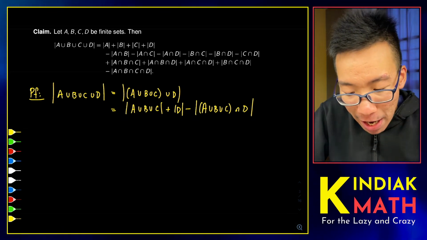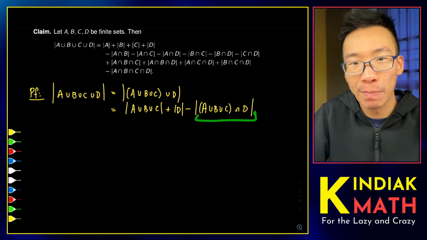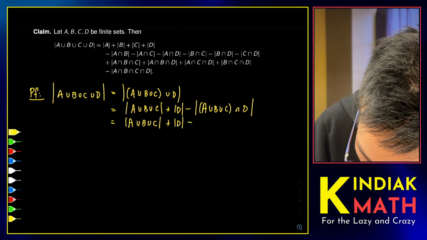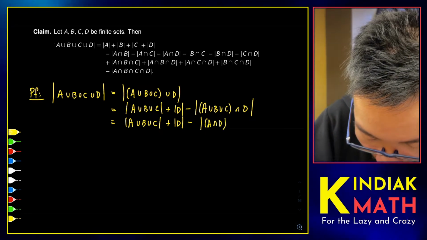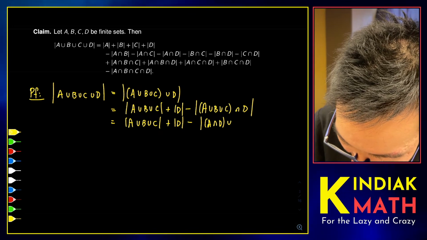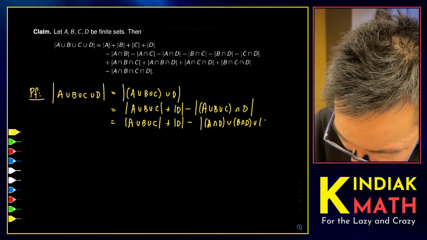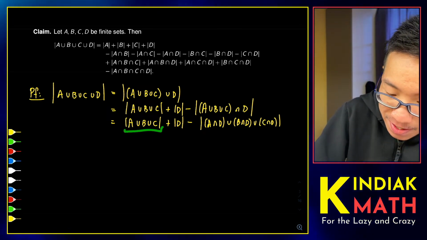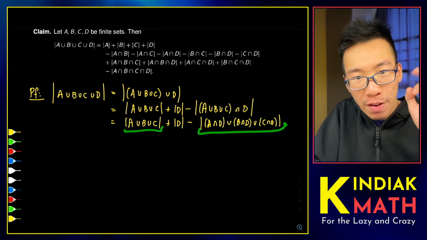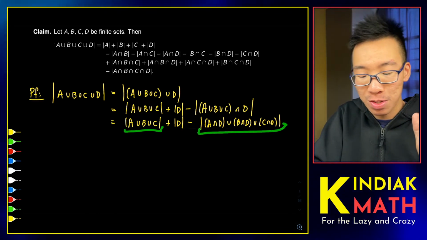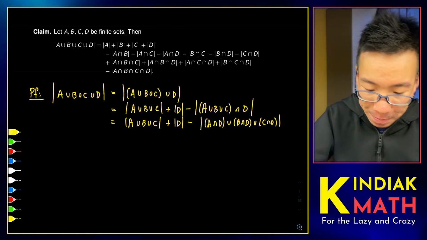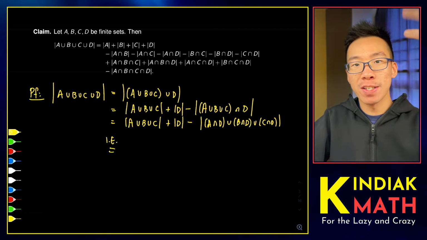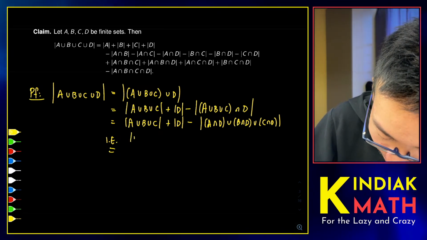And then we can expand out this expression using the Rainbow method, distributivity. And now you'll notice that these guys are unions of 3 sets each. And this allows us to apply the inclusion-exclusion principle. And I will leave you guys to check that.